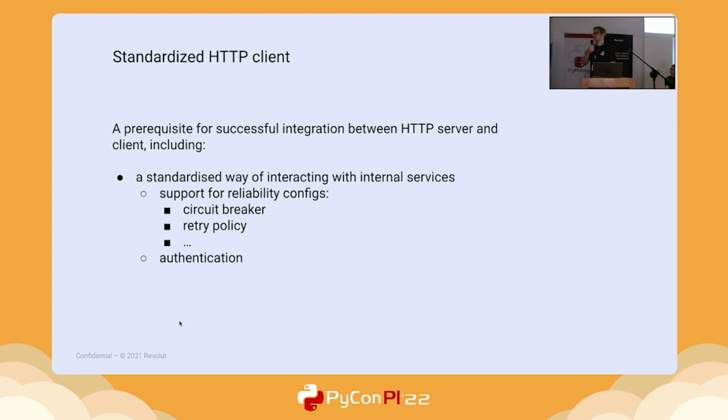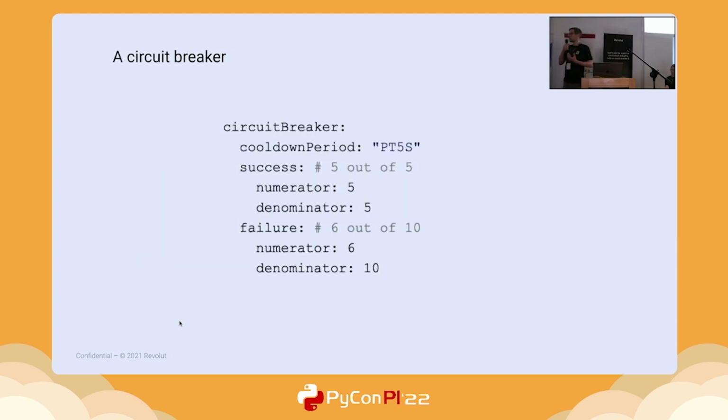And for that, regardless of having the application-specific configs, we can have configs specific for a given feature, like those HTTP calls. Two specific cases are circuit breaker and retry policies. A circuit breaker is similar to a circuit breaker in electrical currents, where it simply breaks the flow of the current.